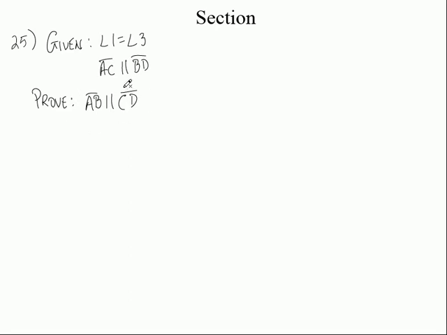So what am I looking for? I'm looking to see if I can show corresponding angles congruent, then the lines are parallel. Look for alternate interior angles. Look for alternate exterior angles. Are you with me on this? So that's what you should be looking for, just a little heads up.